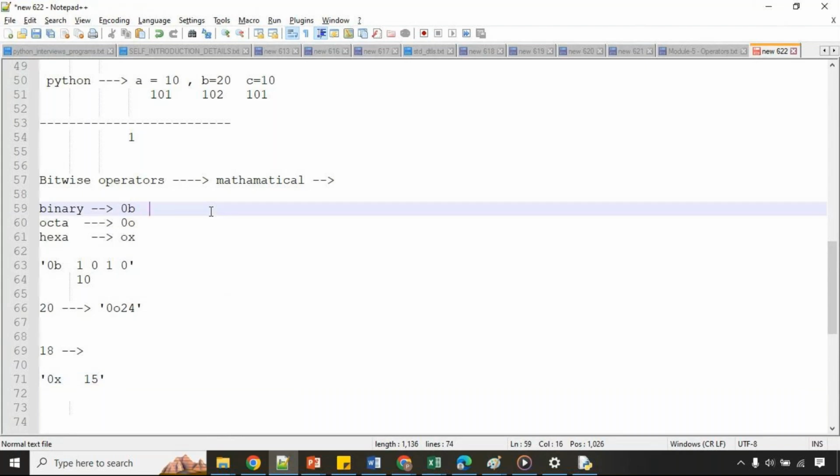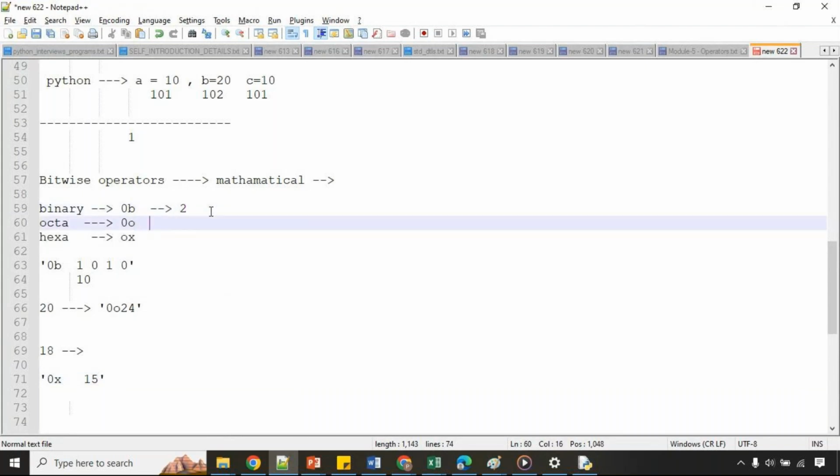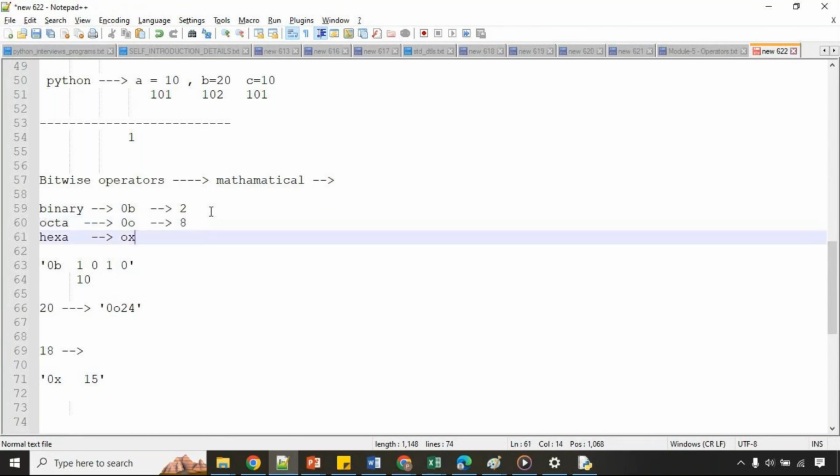So 0b is in terms of 2, 0o in terms of 8, and the normal number in terms of 10.